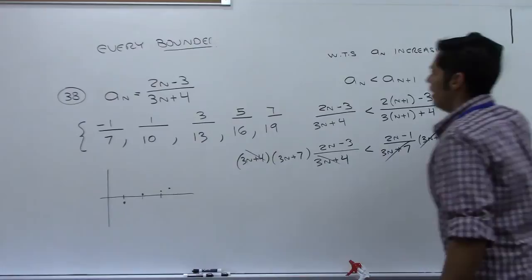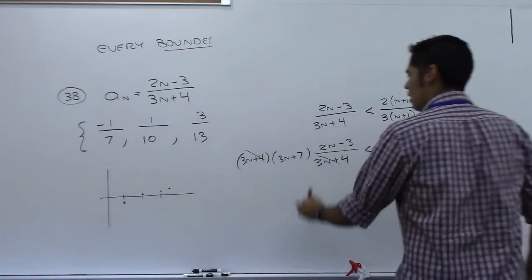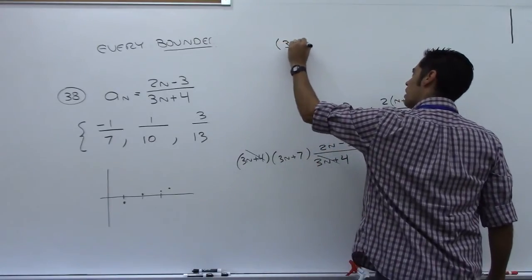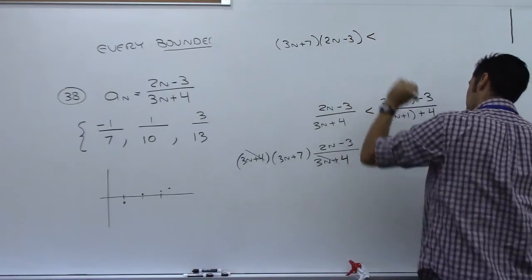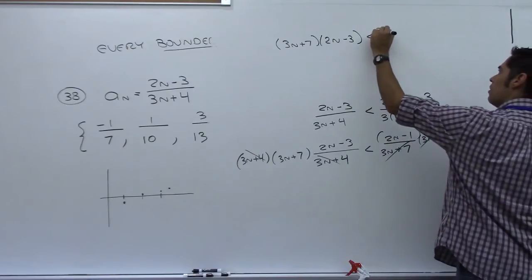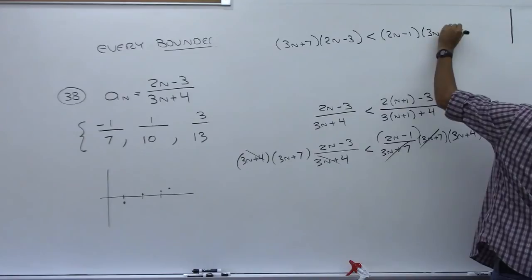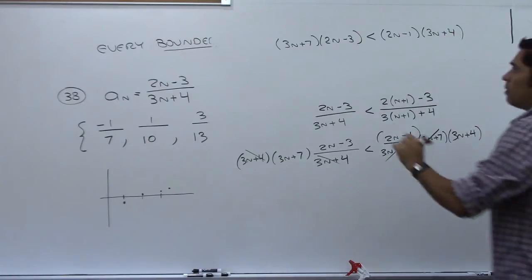And so what I'll get is this times this. So 3n plus 7 times 2n minus 3 is less than, over here, this times this. So 2n minus 1 times 3n plus 4. So I need to see if that's true. So let me go ahead and just multiply this all out.